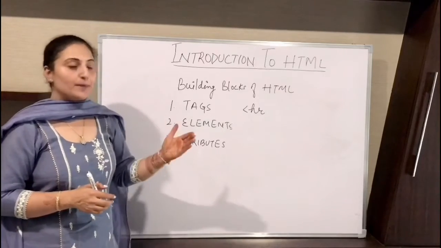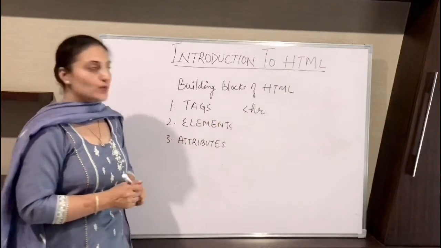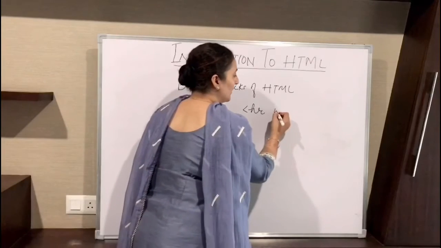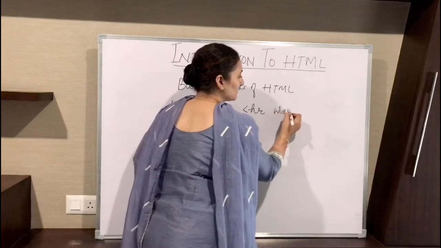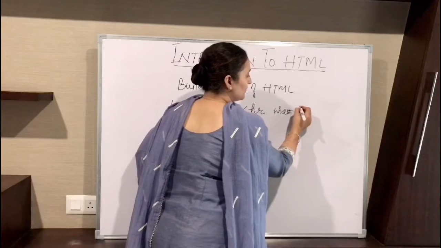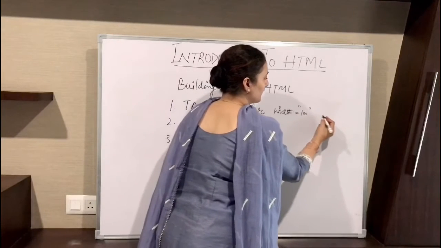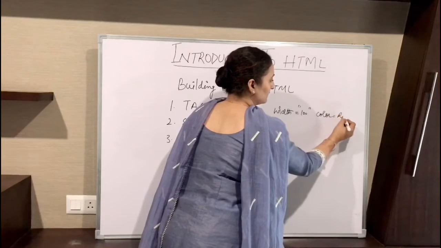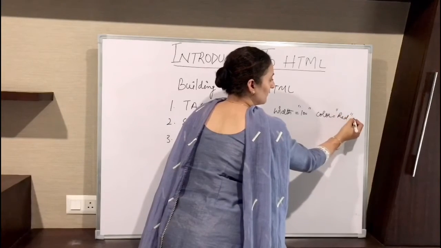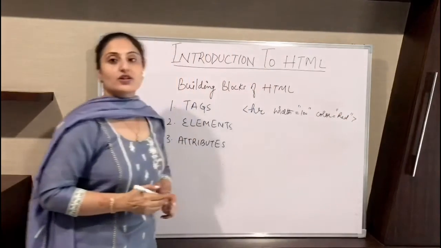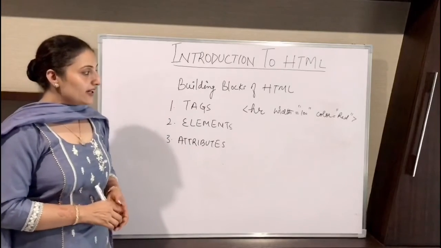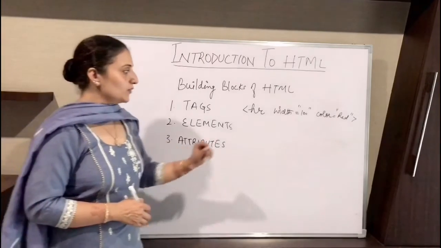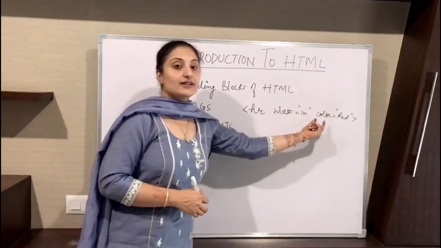Now, what happens when we use attributes with it? Like width equals 100, color equals red. Here we are using two attributes, that is width and color.